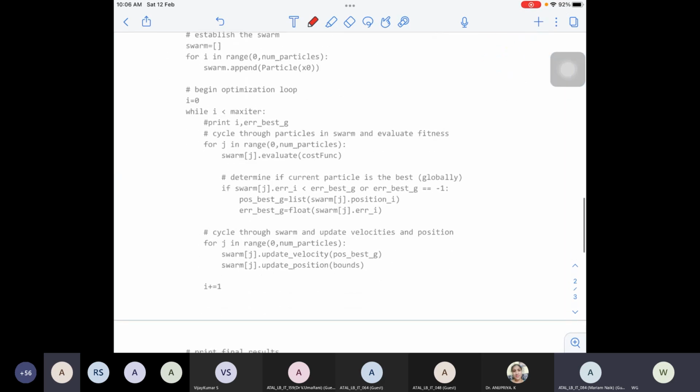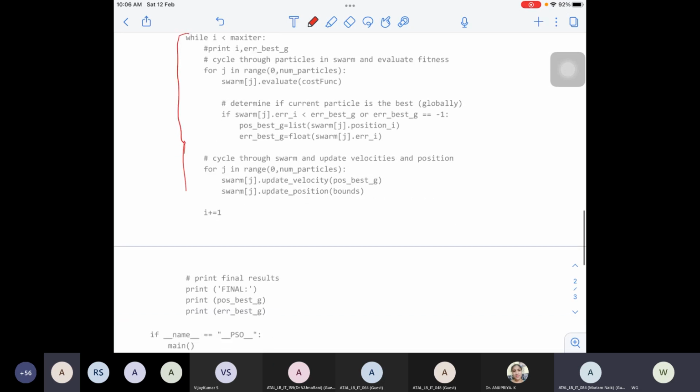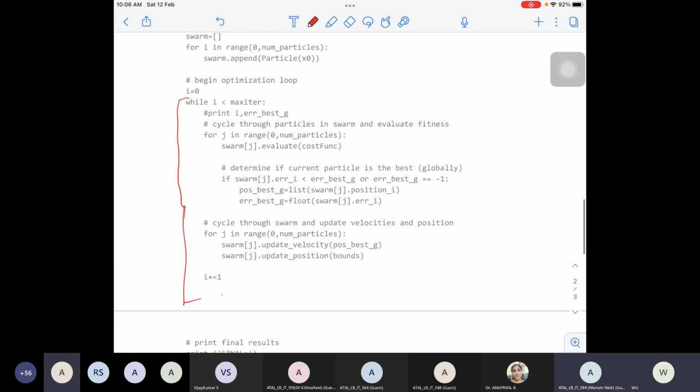So in the major loop, what we do is, for the maximum number of iterations and for every particle, I first of all evaluate the fitness, then I check what is its position, right? Whether, what is its fitness, right?